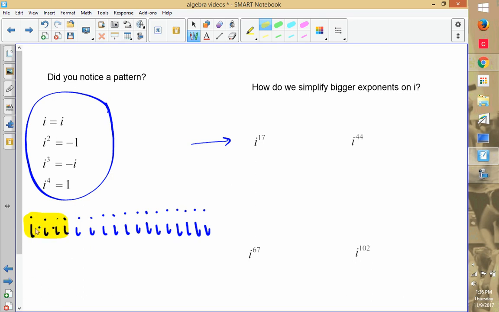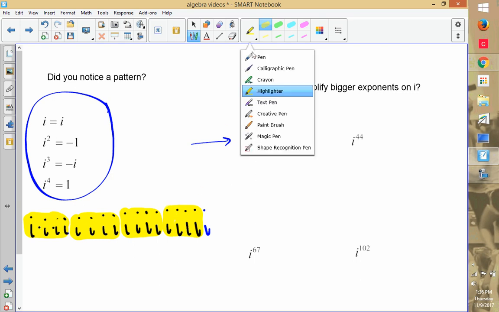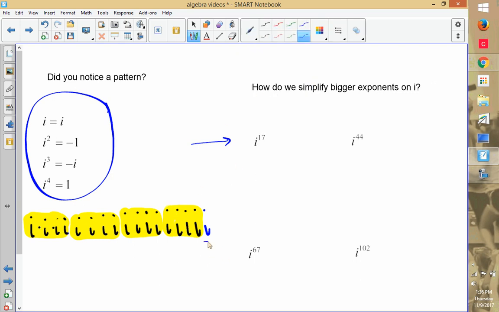So here's a pattern that's completed. Here is a pattern that is completed. Completed pattern. Completed pattern. So what we need to understand is you're really looking to see at what point into the next pattern we are. And that actually is really the remainder.